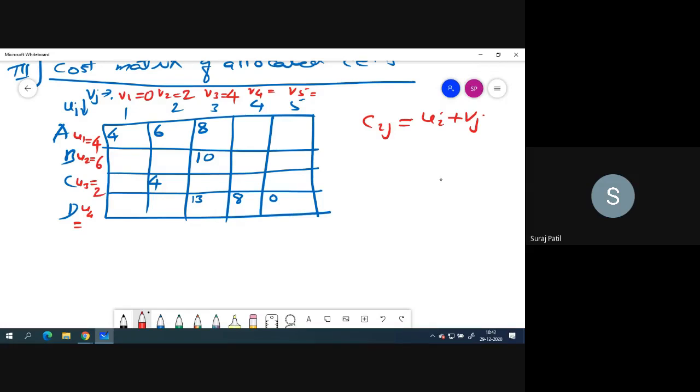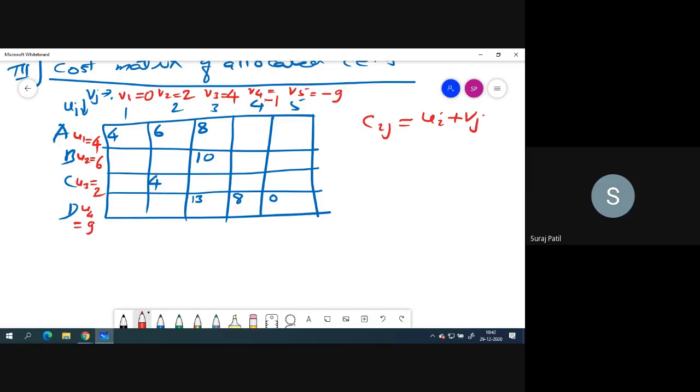U4 plus V3 is 13, so 13 minus 4, that is 9. Then U4 plus V4 is 8, correct? Therefore, V4 is 8 minus 9, that is minus 1. Then U4 plus V5 is 0. Therefore, V5 will be 0 minus 9, it is minus 9.